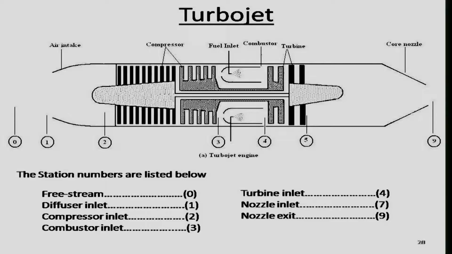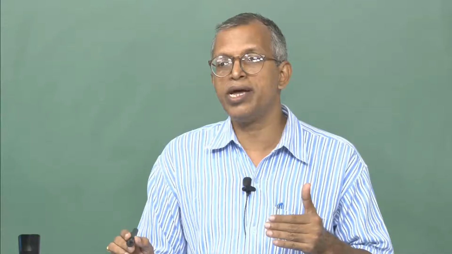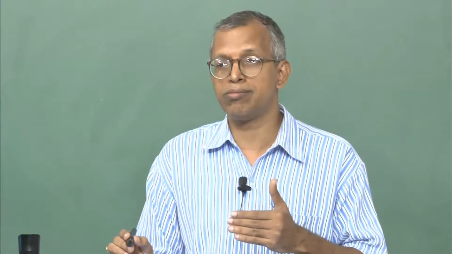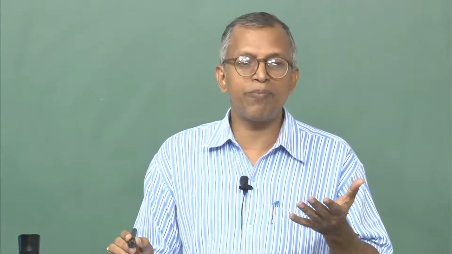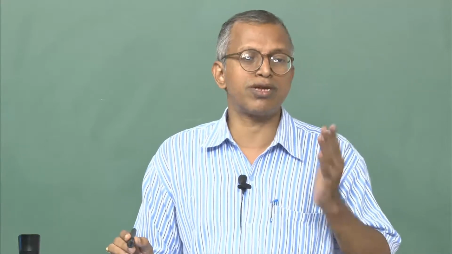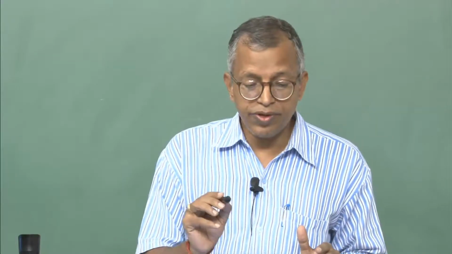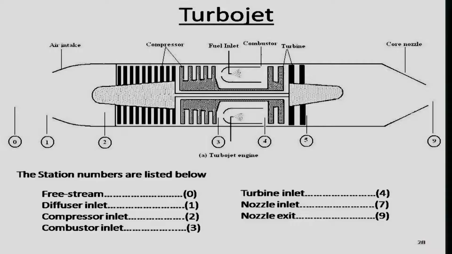All the thrust is produced by expanding the gas in a nozzle. That means, in a turbojet engine, the nozzle is the component which gives you the thrust, not the turbine or the compressor. This is a very important concept you should keep in mind.